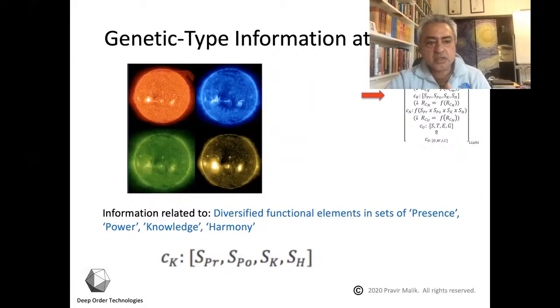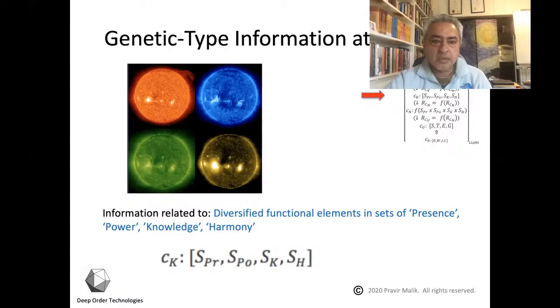Since this quantization is occurring, we can think of those initial properties of presence, power, knowledge, and harmony as materializing further or displaying some richness of what each of them stand for. And so this is depicted mathematically as a set of presence. So you can imagine presence being diversified into many, many elements all related to presence. And therefore, the information becomes much more diverse or much more particular. And similarly, there is a set of power, a set of knowledge, and a set of harmony.